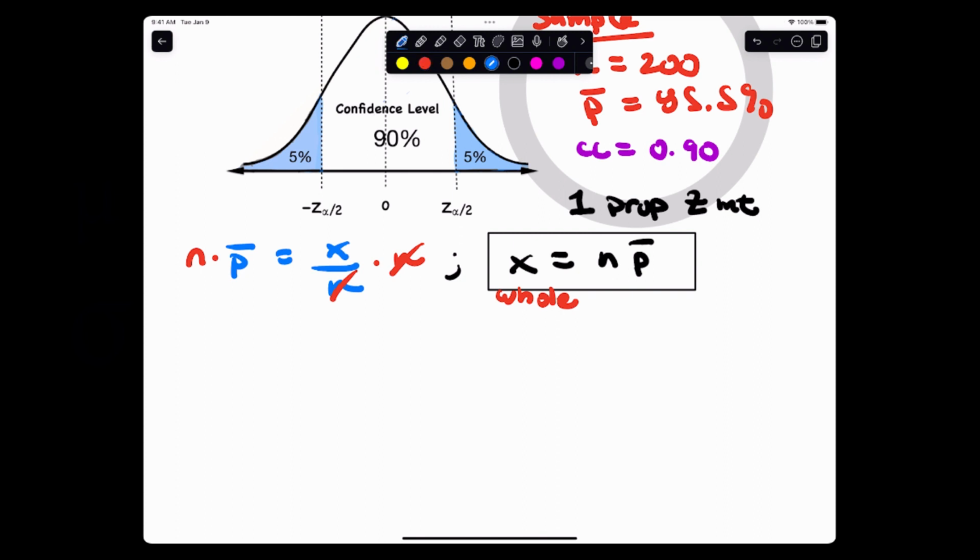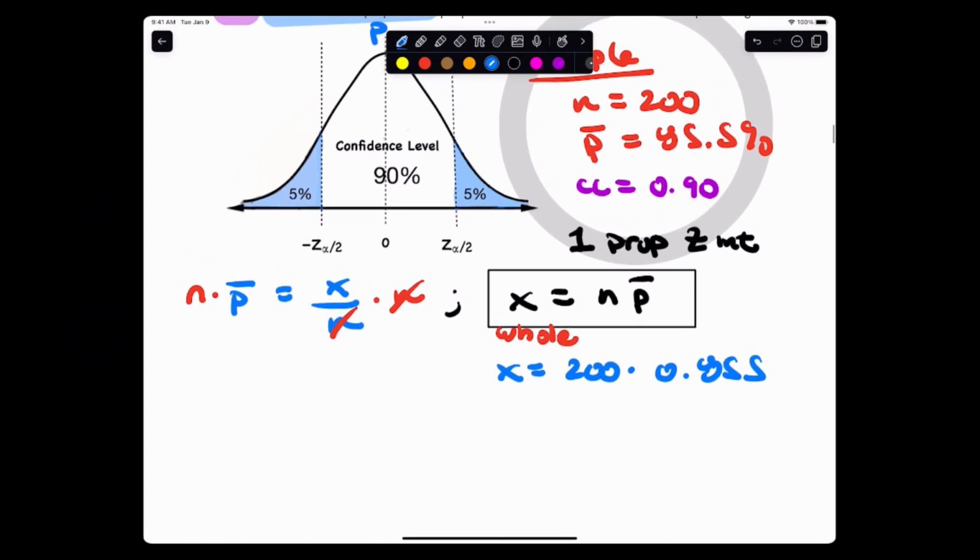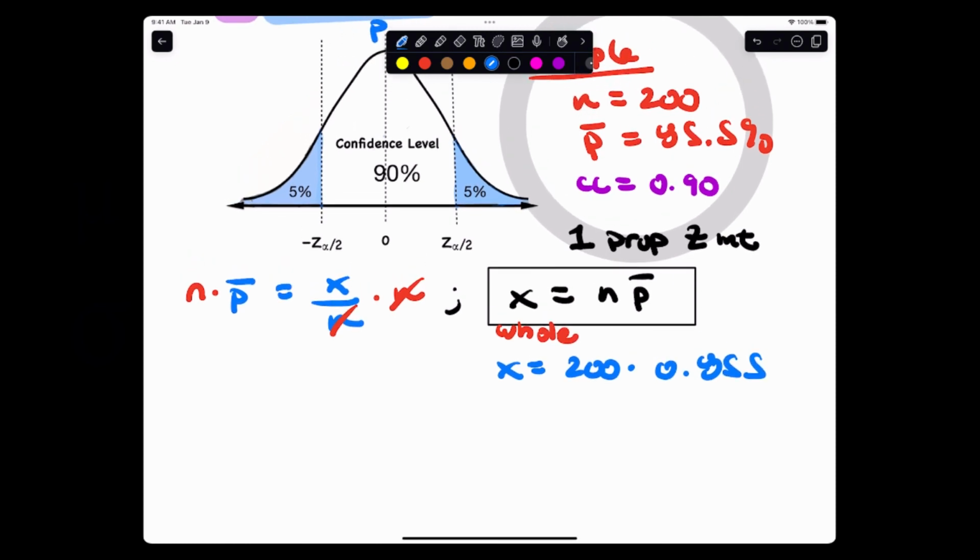So in this example, do you know the sample size? Yeah. Do you know the sample proportion? You got to use the decimal version. That's going to give you the value of X, okay? They're going to make you use a little bit of algebra, write down that formula. So now, here we go.